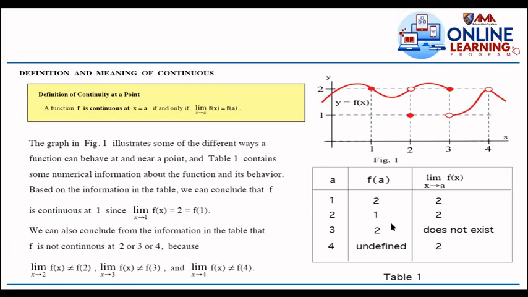Okay? Pag limit po naman, as x approaches to 3, okay, ang tawag po natin does not exist or no limit. Bakit no limit siya? Meron kayong dalawang function. Pwedeng sagot niya ay 2, pwedeng sagot niya ay 1.